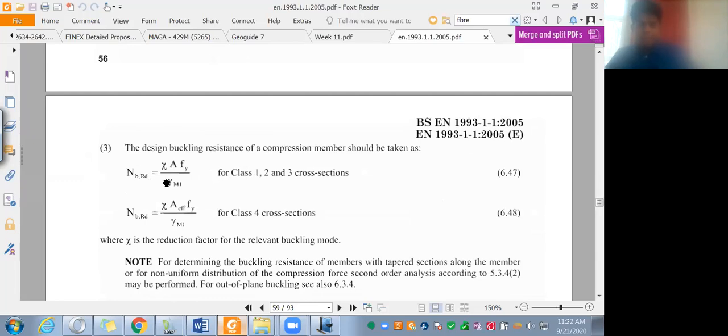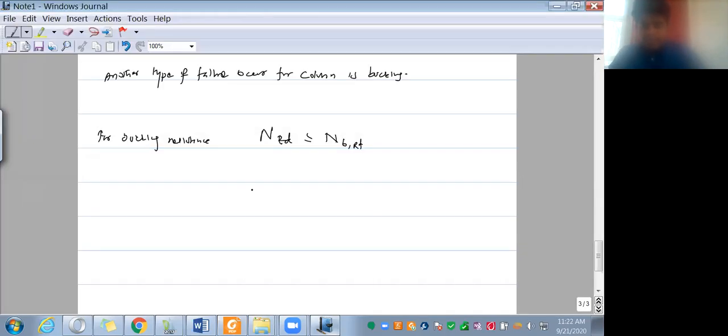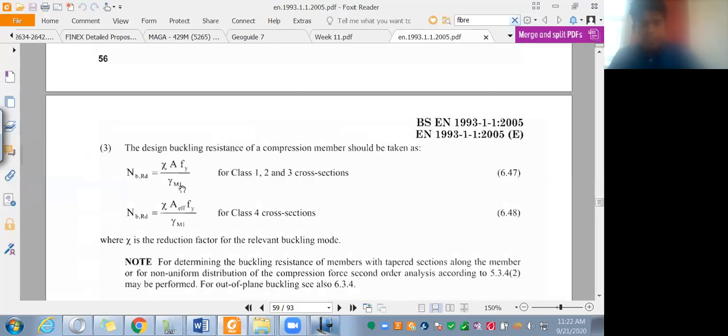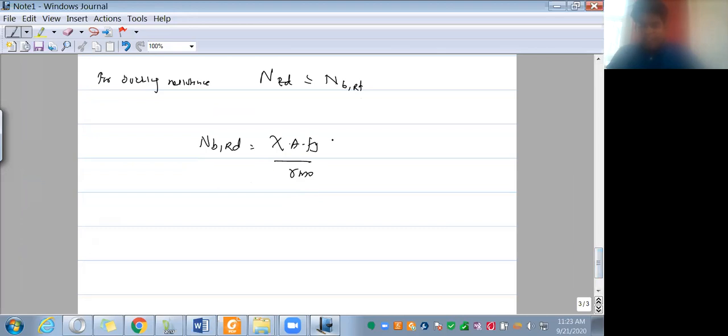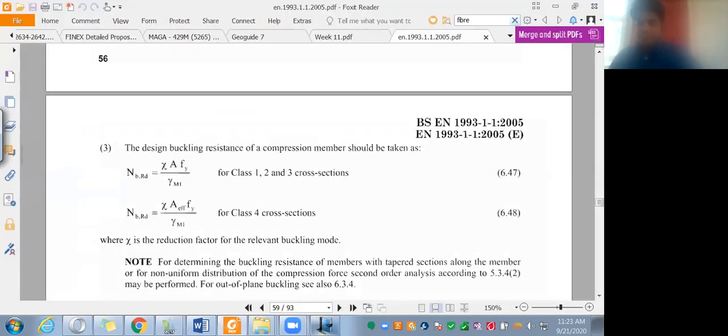NBRD is chi into A into Fy over gamma M1, that is the notation. That is for class 1, 2, 3.